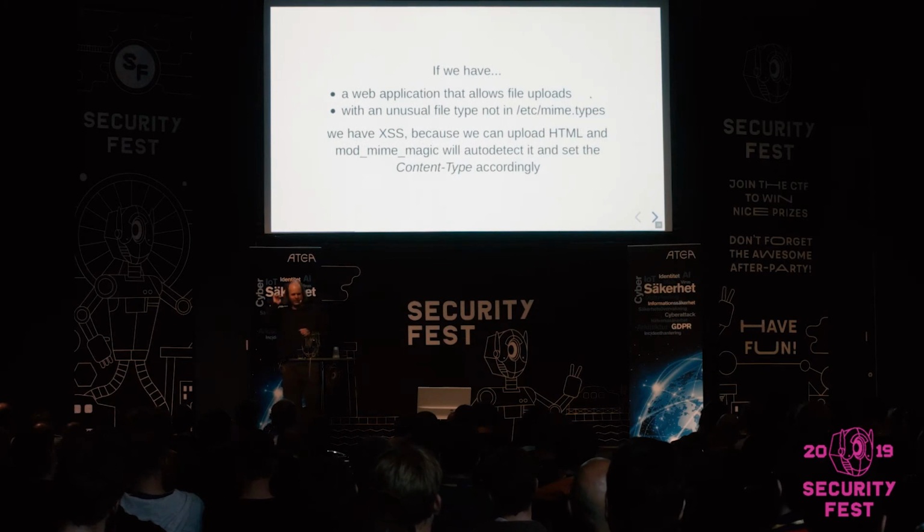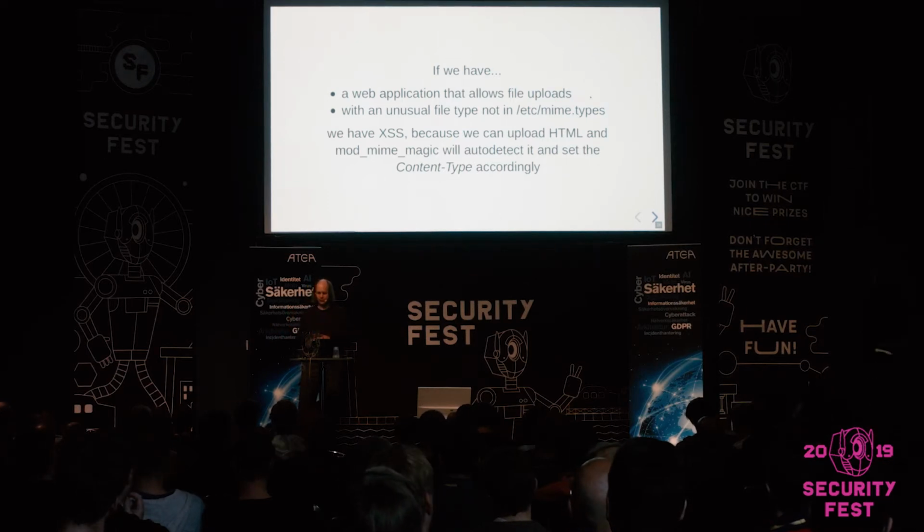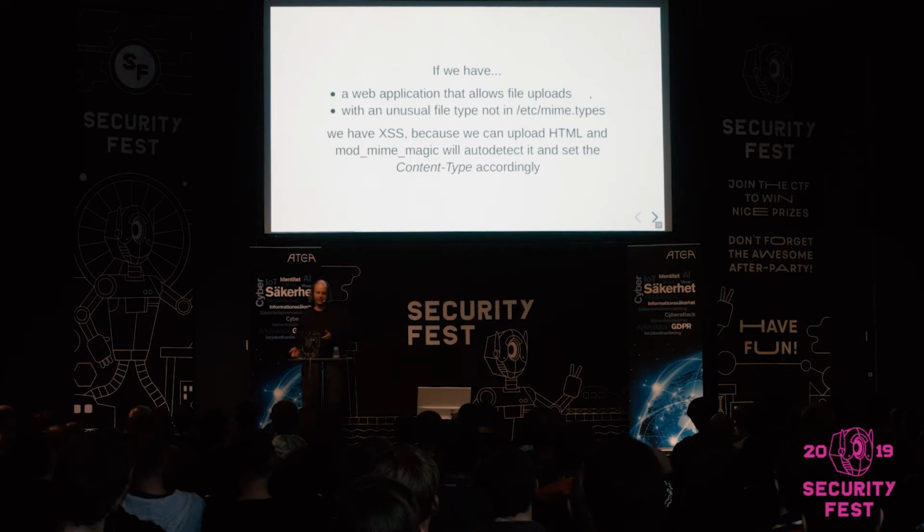So what that means is, if we have a web application that allows us to upload files with a file type that's kind of unusual, that's not registered in this global MIME types configuration, then this leads to a cross-site scripting attack. Because we can upload HTML with this unusual extension, Apache will not be able to determine the content type based on the extension. It will try to auto-detect it with this mod MIME-magic, and it will set the HTML content type.